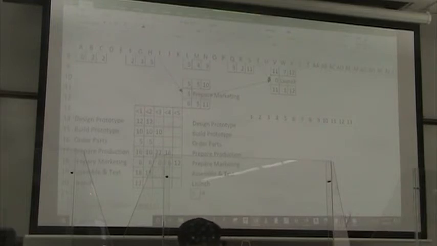We need a total. Oh, and damn it, I need another space here. For budget.